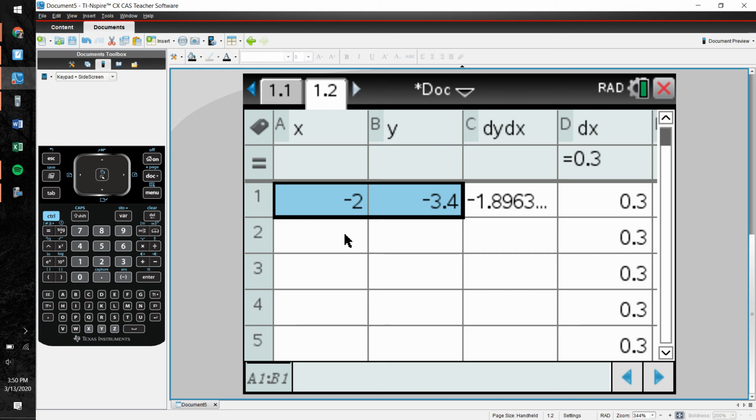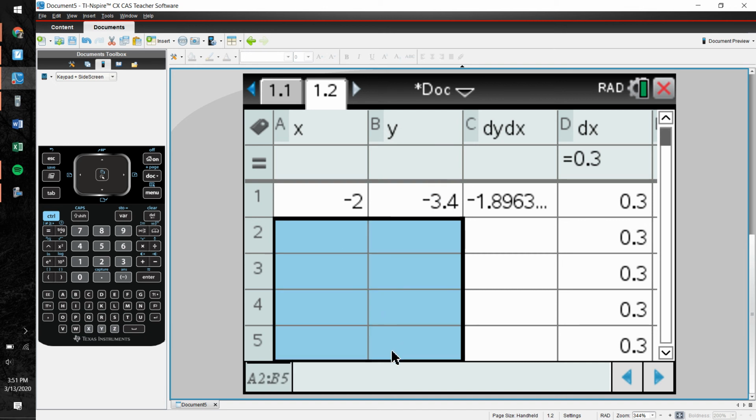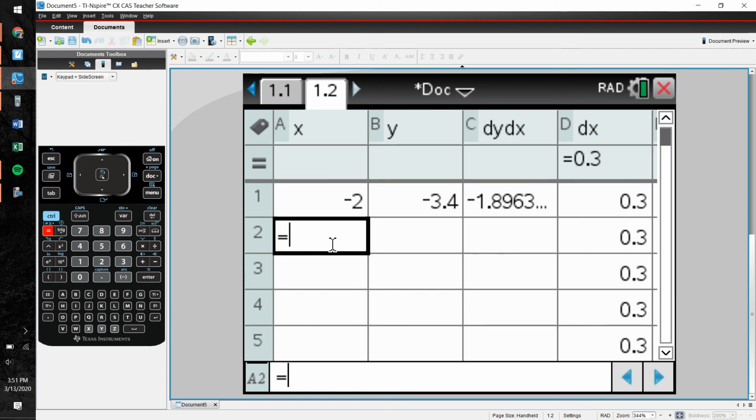Okay, so back to the issue at hand right over here, and let's go back to the calculator. Now, what we're looking for are the x and y values that are going to get populated in these two columns right over here. And x is really easy to find. Every time our function jumps to the next iteration, the new x value is going to be found with a formula. So we begin with equals, and it starts with the previous x value, which is found in cell A1, and we're going to add to that this delta x value that we had right over here.